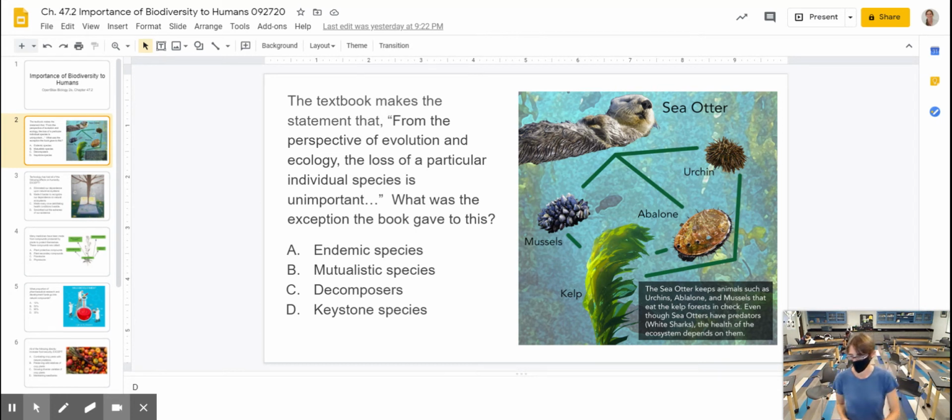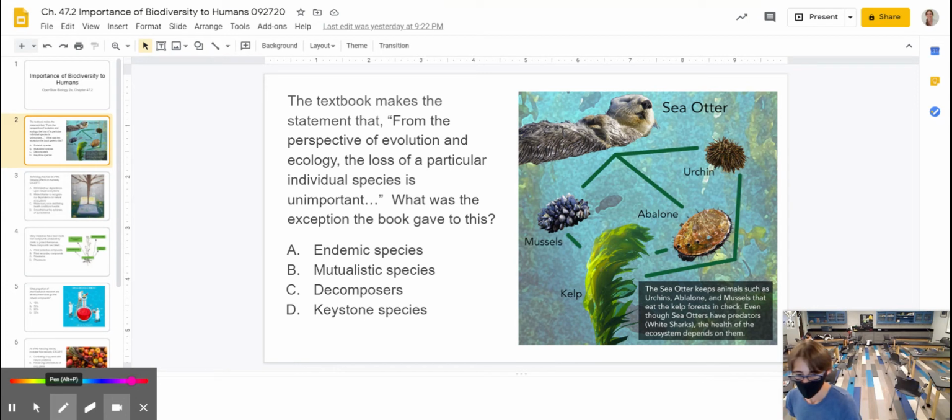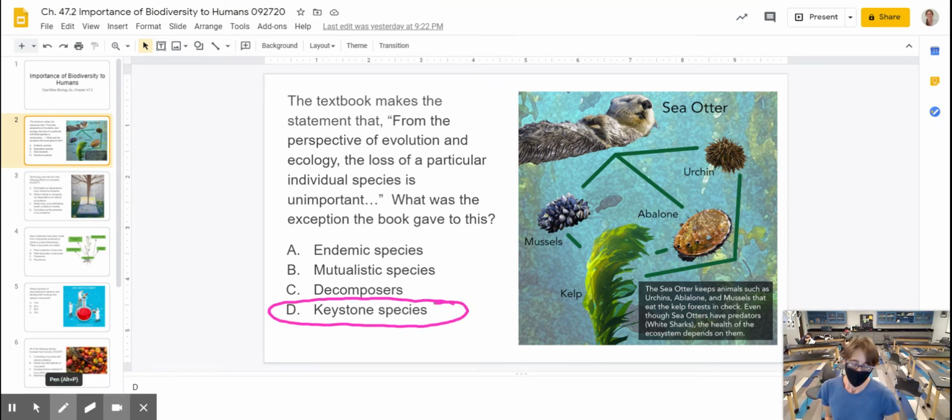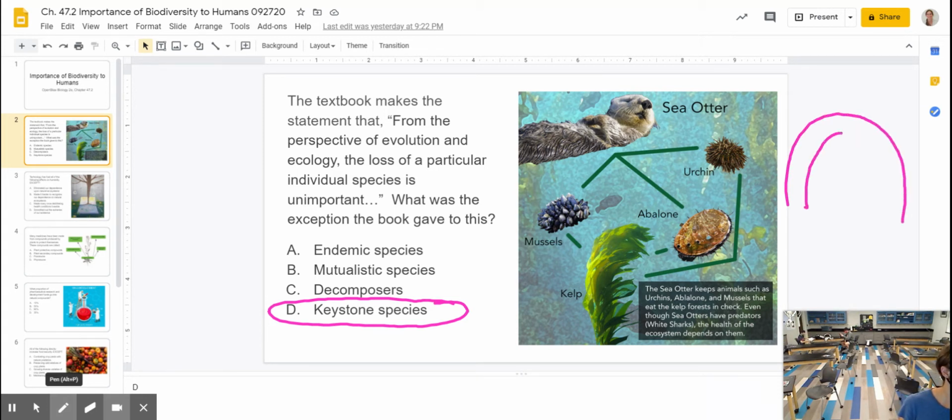Okay, so the answer to this question is keystone species. So keystone, in architecture, I don't know if you've seen stone arches, but if you've seen a stone arch, they're going to look sort of like these big stones making up the arch.